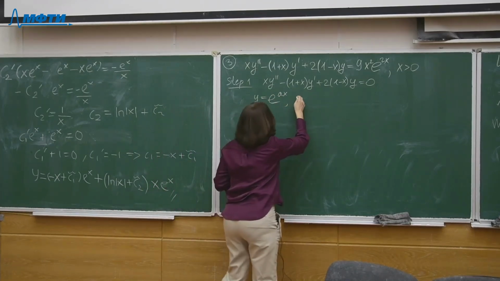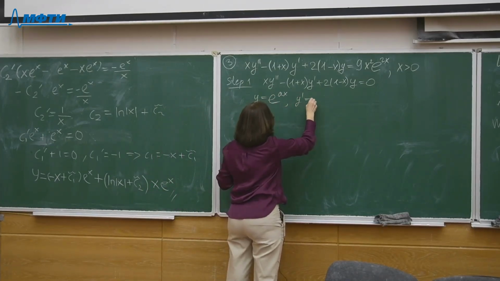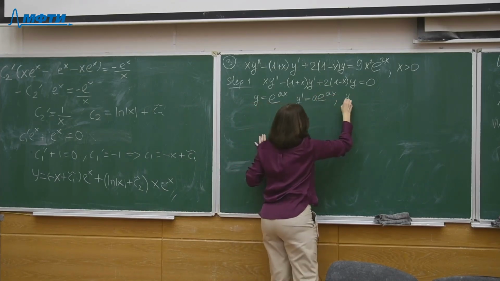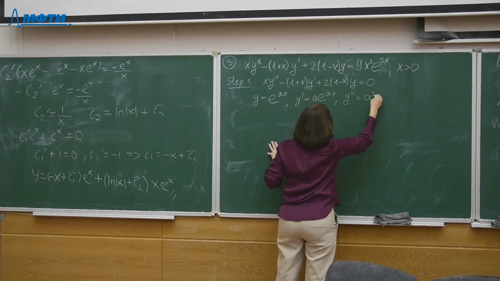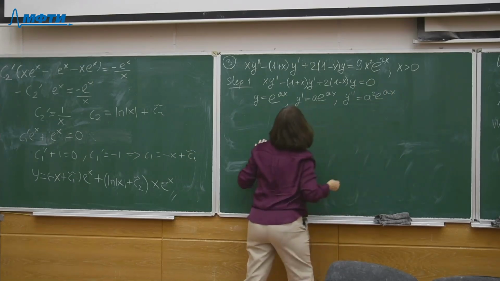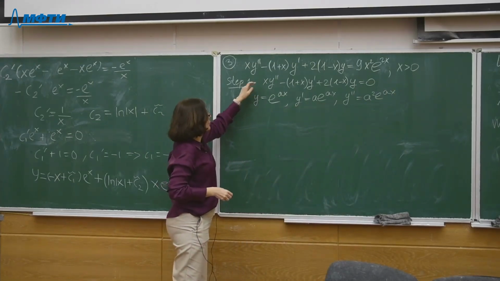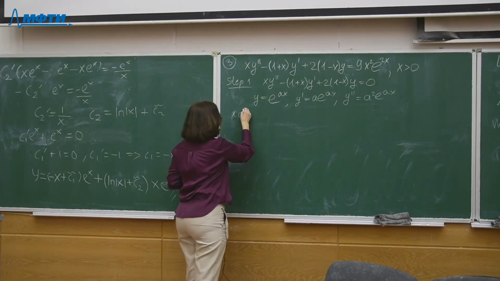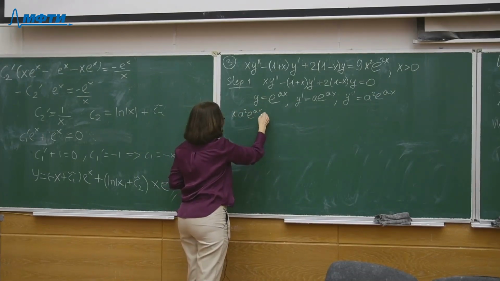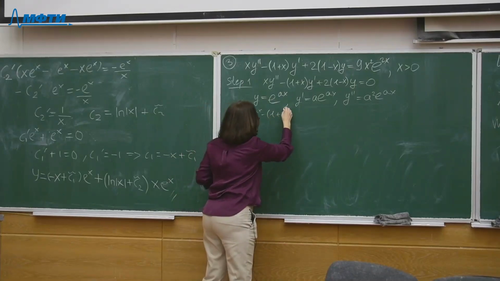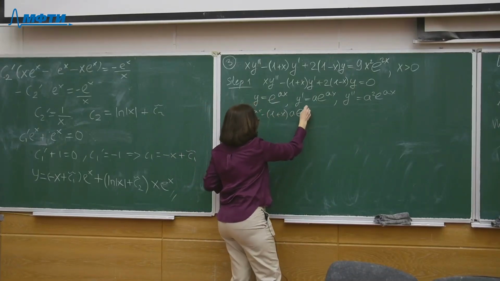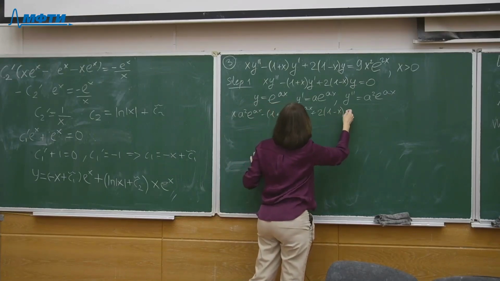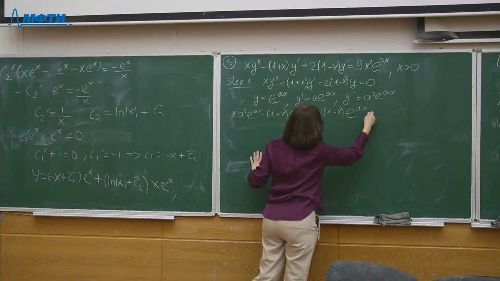So we need to find y prime, it is equal to a e to ax. Y double prime will be a squared e to ax. And next substitute them into our equation, and we will get x a squared e to ax minus (1 plus x) times a e to ax plus 2 (1 minus x) e to ax equals 0.